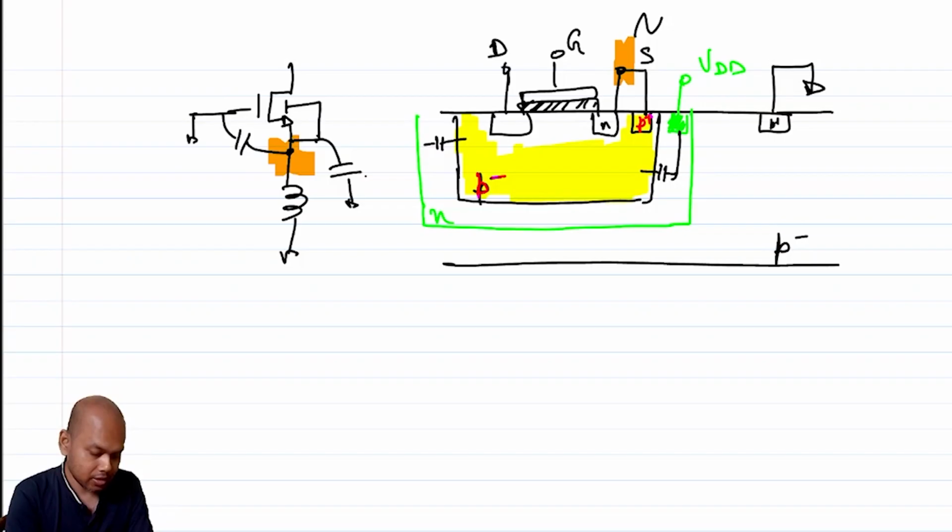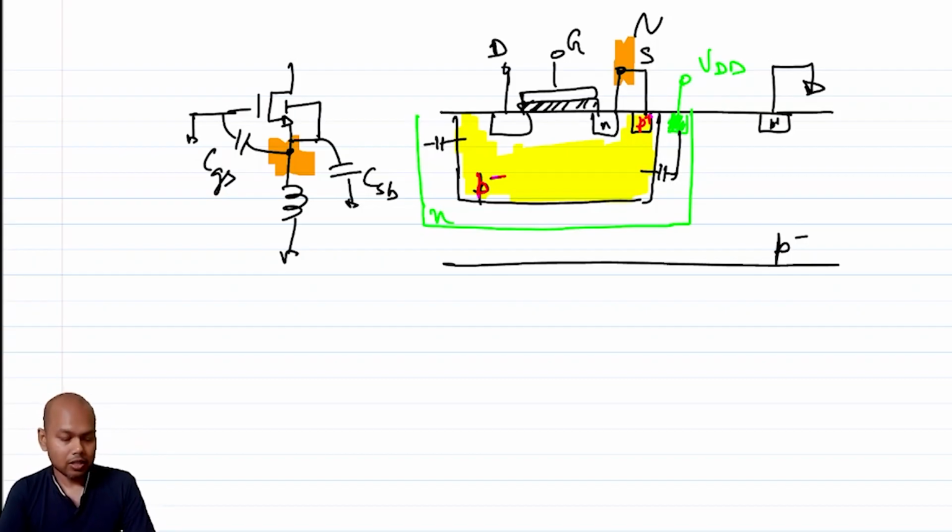So this CSB can be of the order of CGS, right? Which essentially means that the moment you connect the body to the source, you are taking a frequency hit. Your FT of the transistor, the effective frequency at which you will be able to pass the current from the source to the drain, is reducing, right?